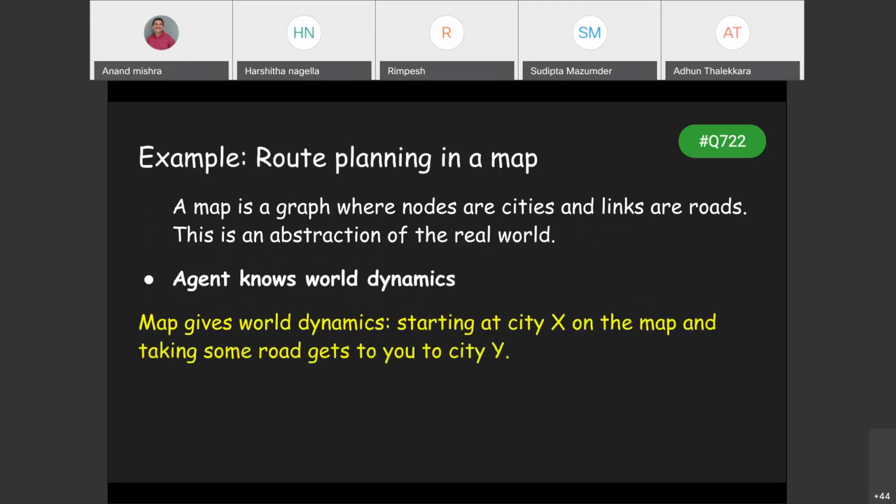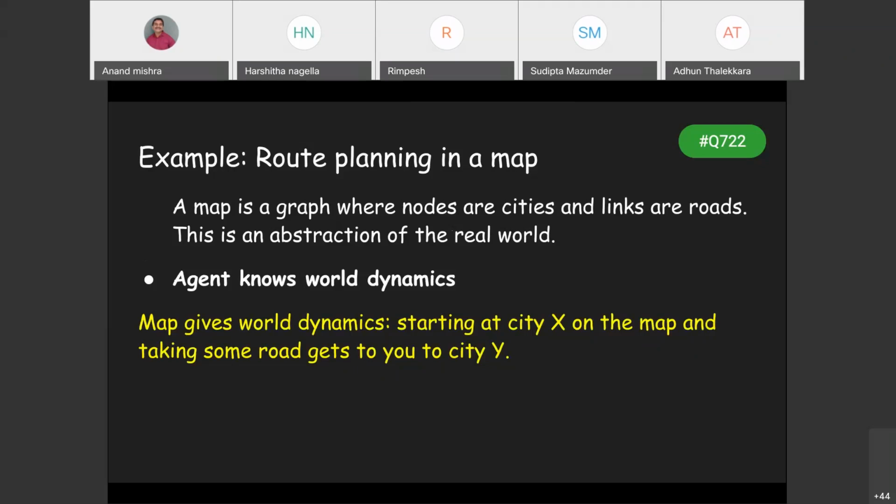We also talked about an example of route planning in a map in the last lecture, where a map is the entire world. Say you have cities in India. Instead of worrying too much about the details of the real world scenario, what we do in the problem setup is make an abstraction of it, and this abstraction is what we represent as a graph.